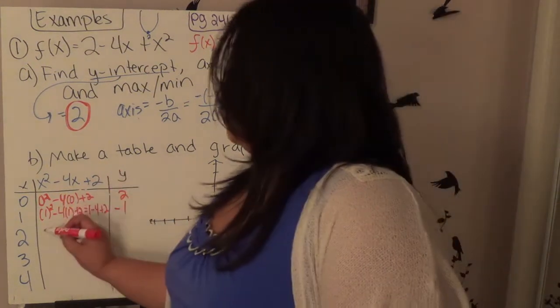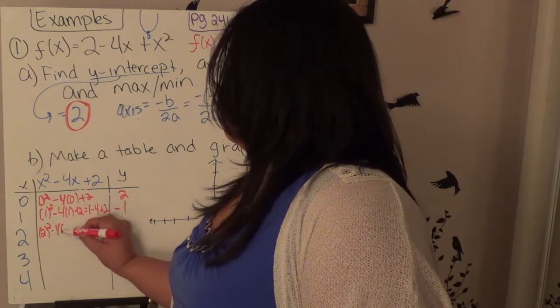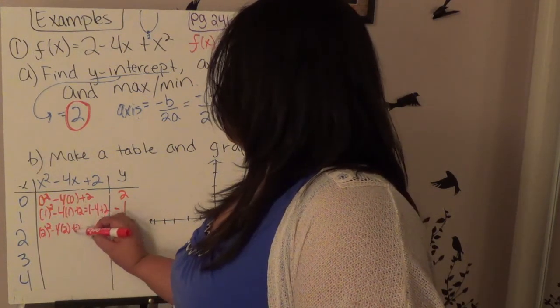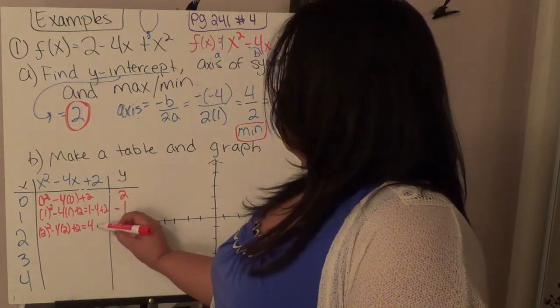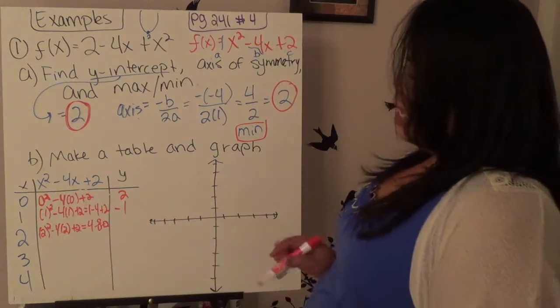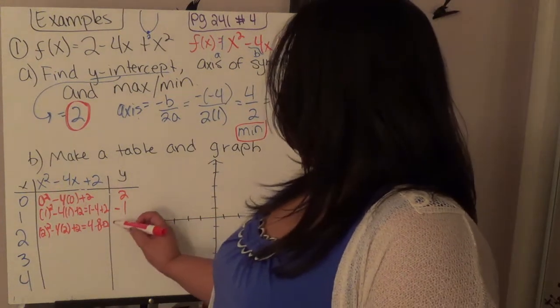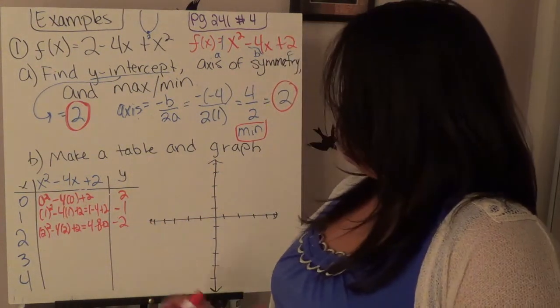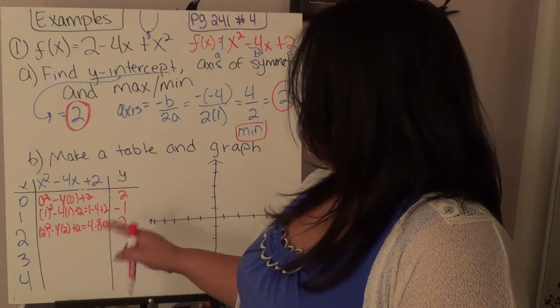Alright? Next one is 2 squared minus 4 times 2 plus 2, which gives me 2 times 2 is 4, minus 8 plus 2. 4 minus 8 is negative 4, plus 2 is negative 2.